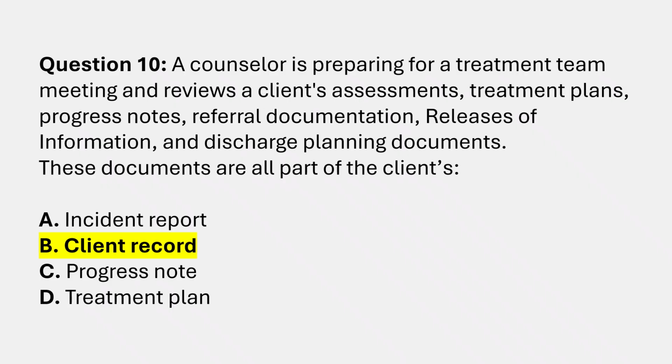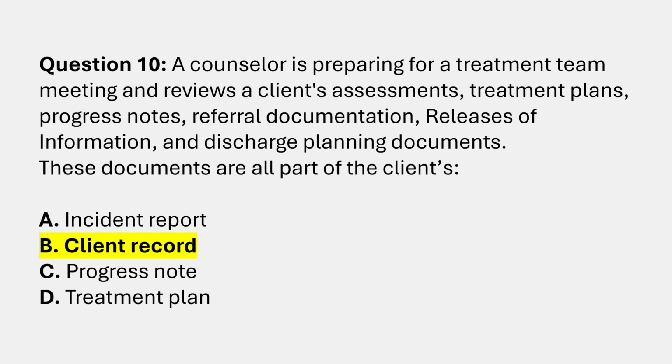Client record. B is correct because a client record is the complete collection of documentation related to a client's treatment, including assessments, treatment plans, progress notes, referrals, consent forms, and other clinical documents. A is incorrect because an incident report documents a specific accident, emergency, or unusual event and is only one part of the overall record.